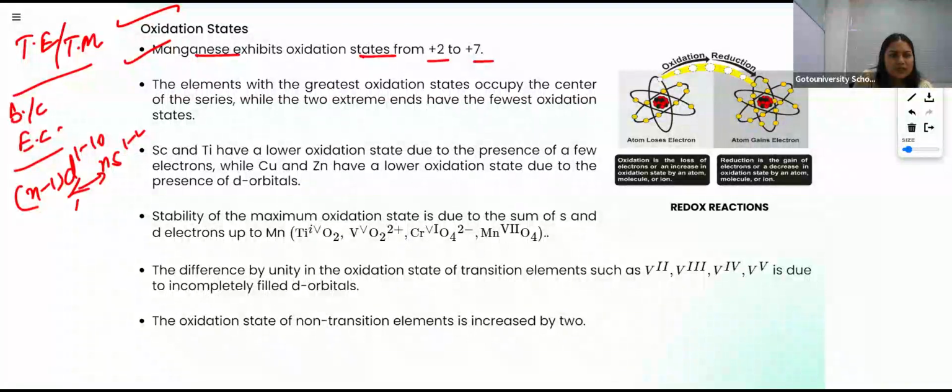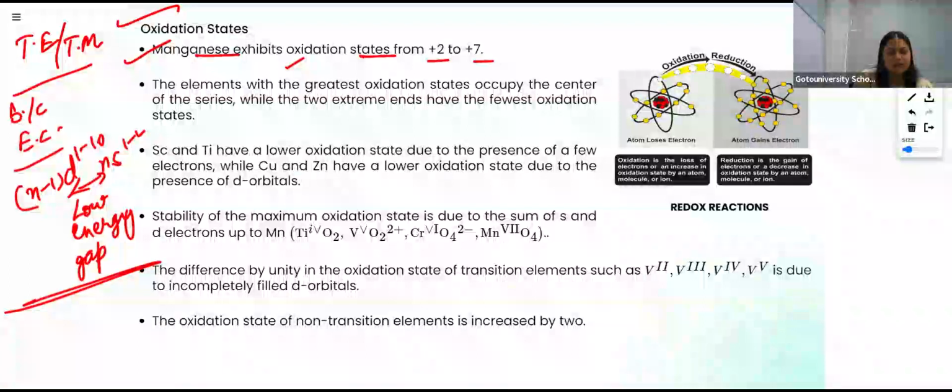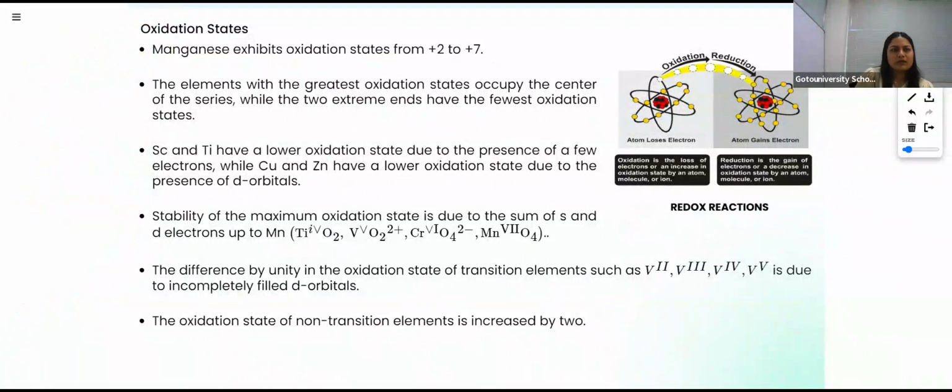If you see here, there is a very low energy gap between d orbital and s orbital, which is why the transition elements exhibit a variety of oxidation states. All right, so I can write here that due to the small energy gap between s and d orbital, they show a variety of oxidation states.